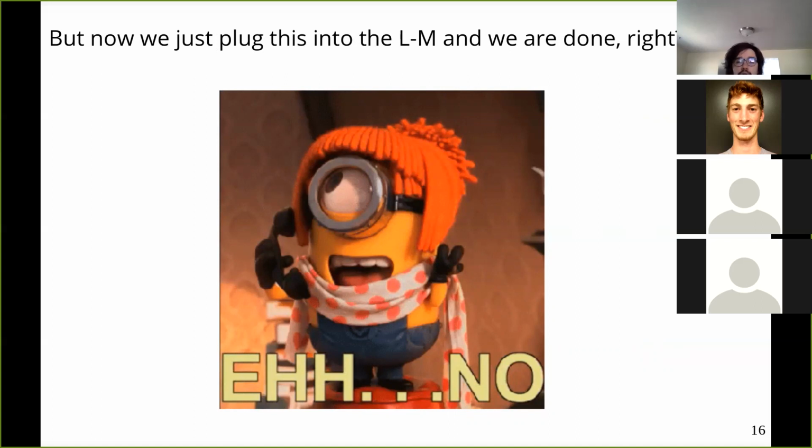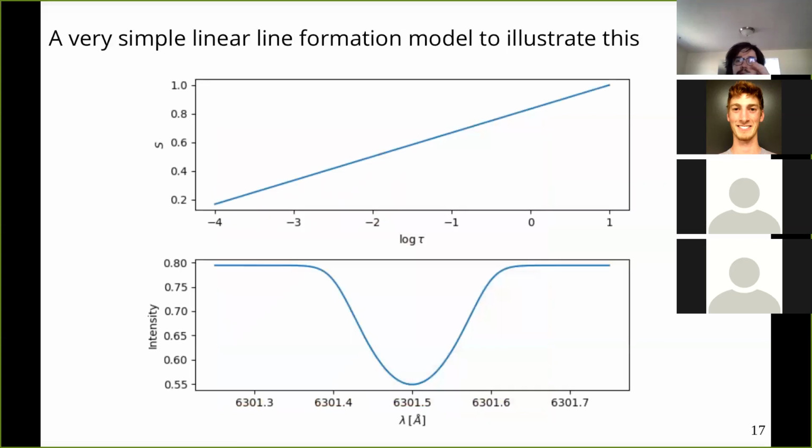And to convince you of that, we're going to try to do a spectropolarimetric inversion, fully depth dependent and very consistent, of one very, very simple example. So let's get on to it. What I'm showing you here is a very, very simple line formation problem.